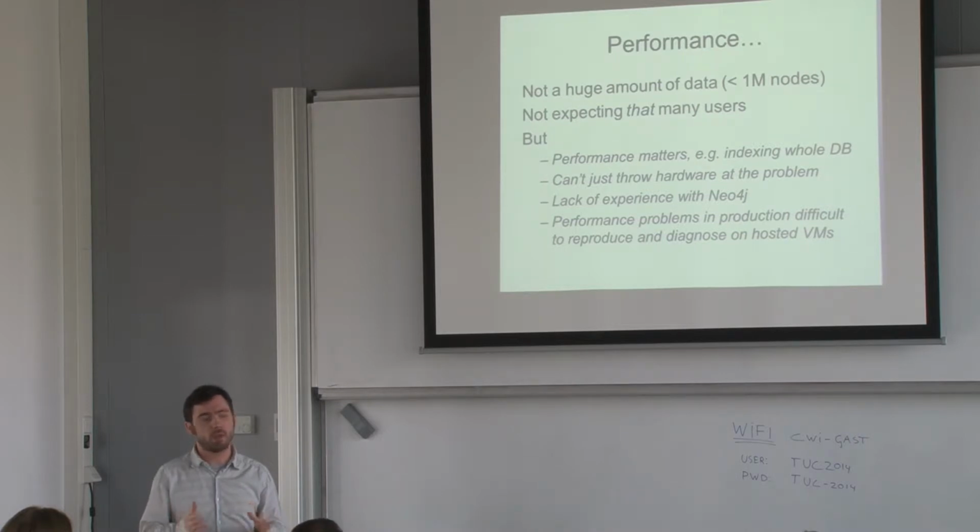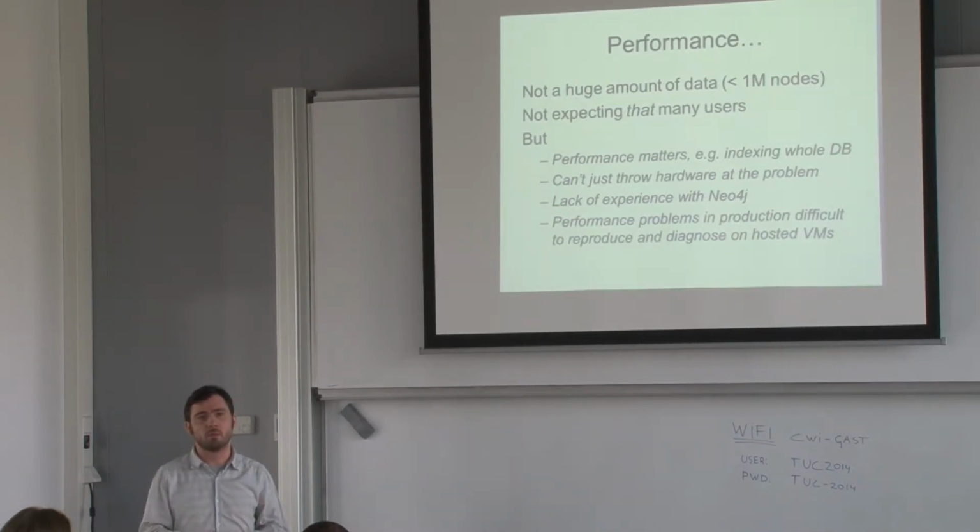We've basically seen with Neo4j almost no performance problems, as you might expect from this relatively small amount of data. But still, performance is important, both in terms of getting the data in and reading the whole thing to re-index the whole data set.